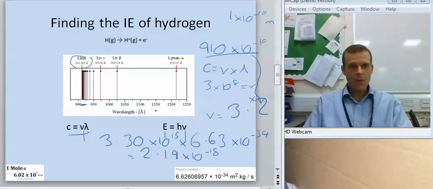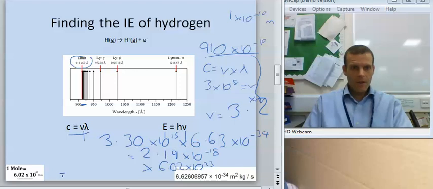It's more sensible to think in terms of moles, for a mole. And within 1 mole, we've got 6 times 10 to the 23 hydrogen atoms. So I'm going to scale that up by multiplying it by that number, 6.02 times 10 to the 23. You'll be working more with that number in the next unit.